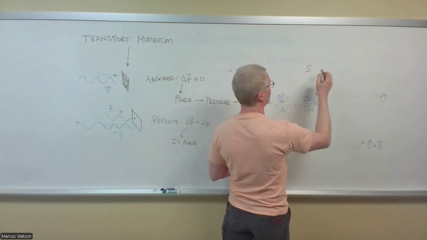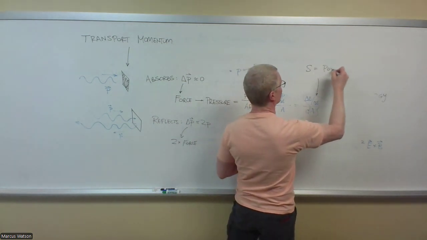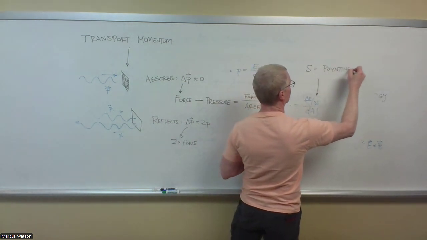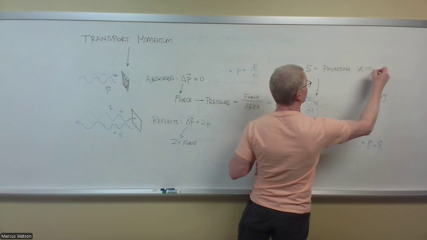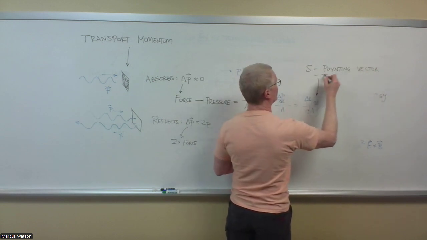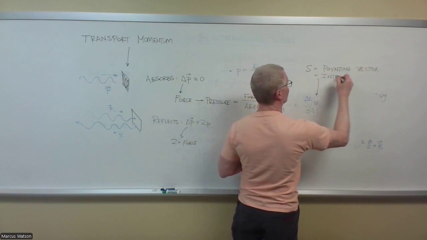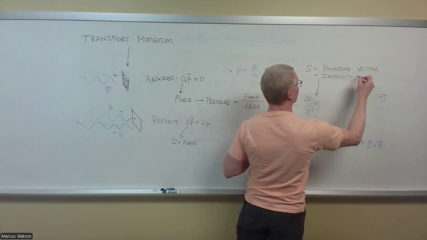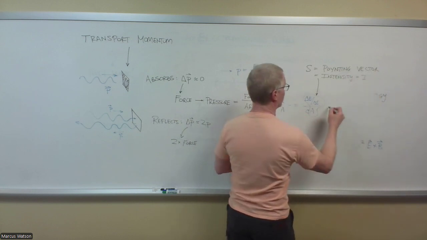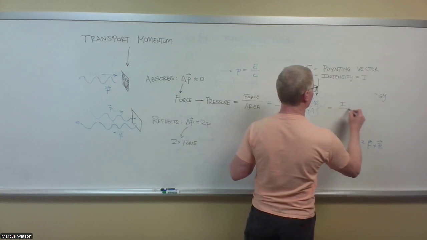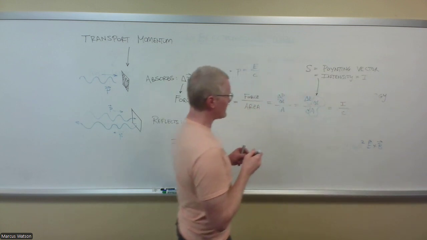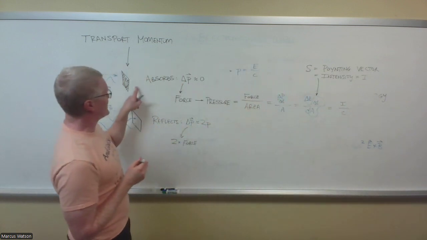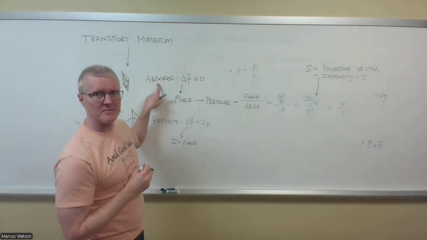That's S, which is the Poynting vector, and is also referred to as the intensity. So this can be written as the intensity divided by c for a situation in which the electromagnetic wave is absorbed.